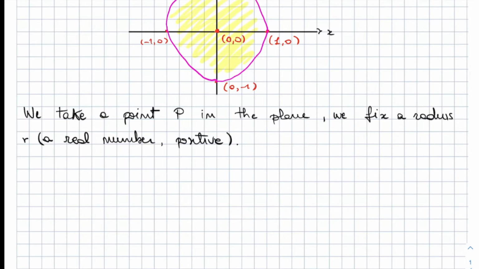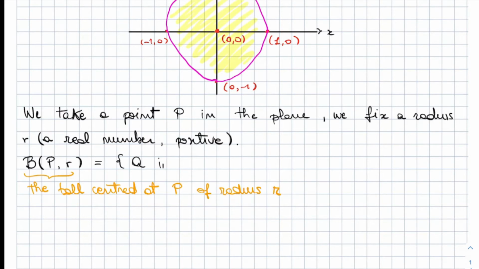And these are exactly the points that we denote with B(P,r), and this is exactly the ball centered at P of radius r, and these are all the points Q in the plane such that the distance between P and Q is strictly smaller than our fixed radius r.